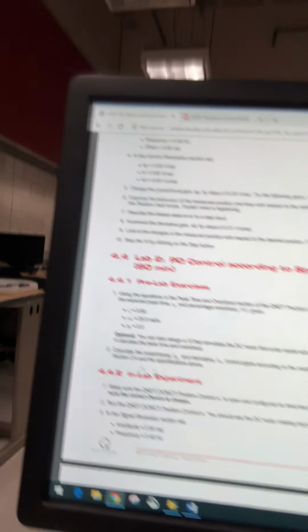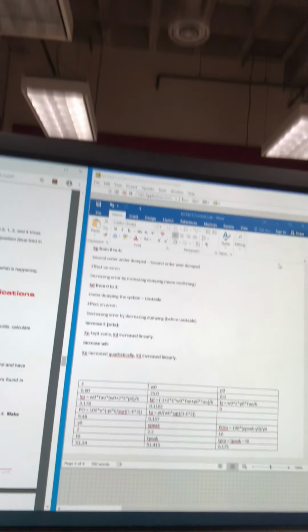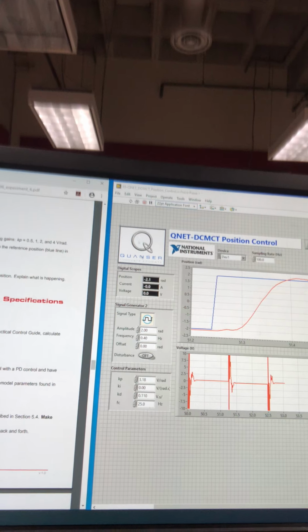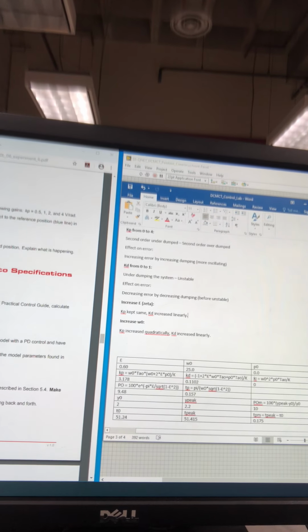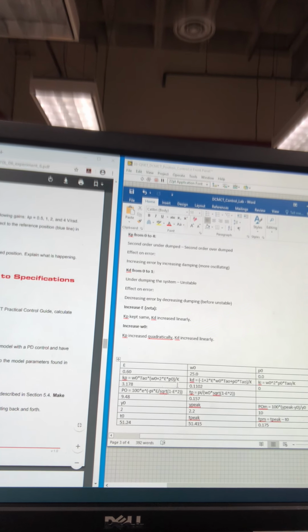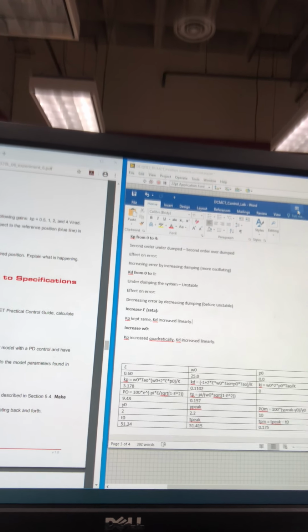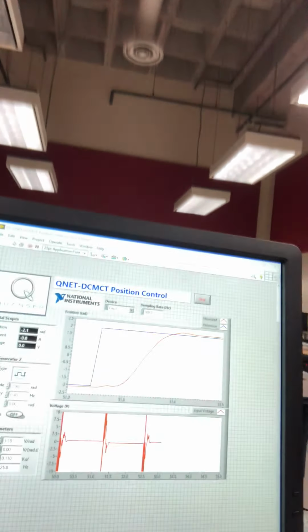with these given values, and then we input the Kp, Kd, and Ki we calculated into the model. So these are the Kp values, and I input them into the control model, and this is the result I get.